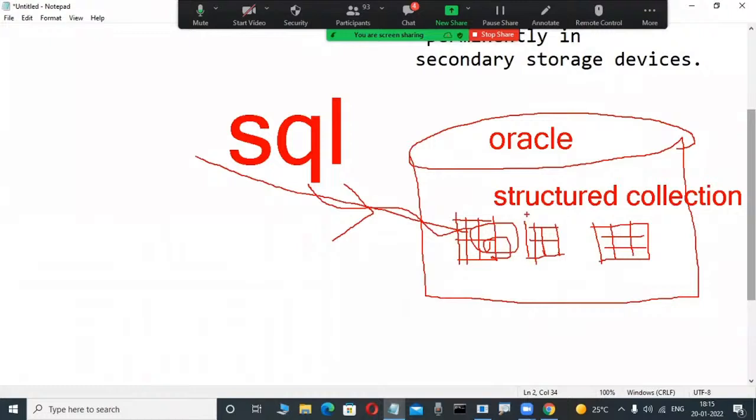But MongoDB and those types of databases are different. SQL is not there, there is no SQL. There it is JavaScript and those types of languages. But SQL is one separate language, through which we operate on data in these types of databases.